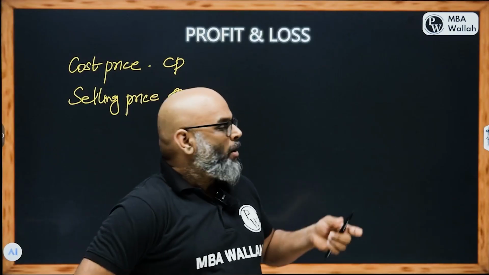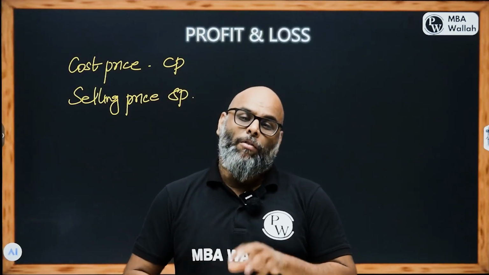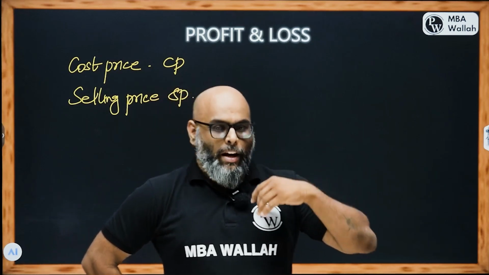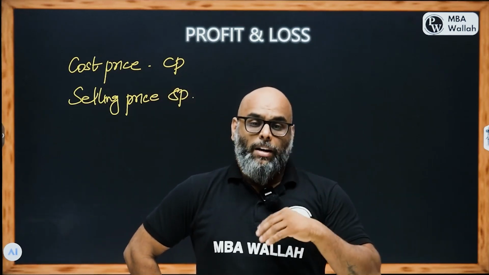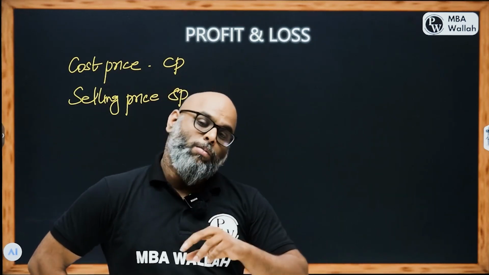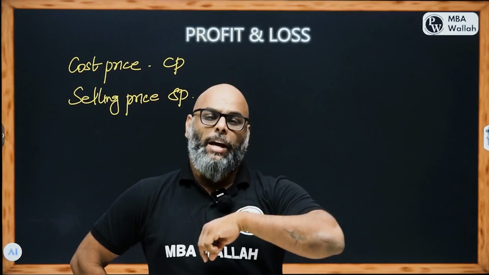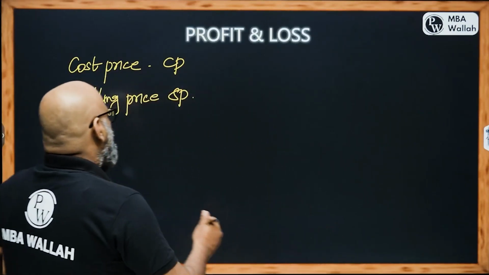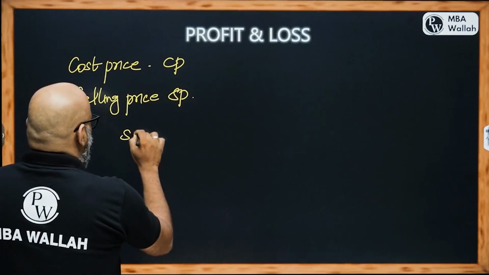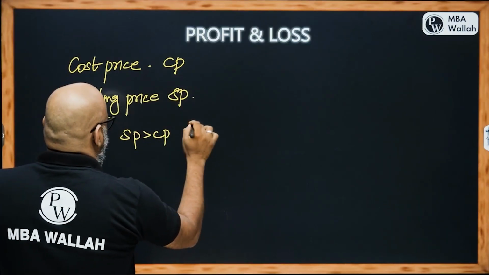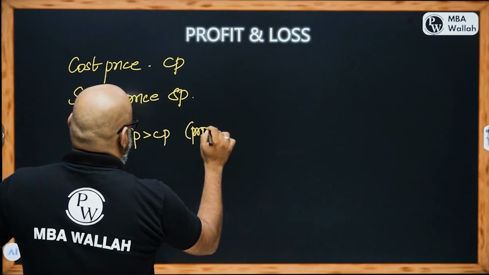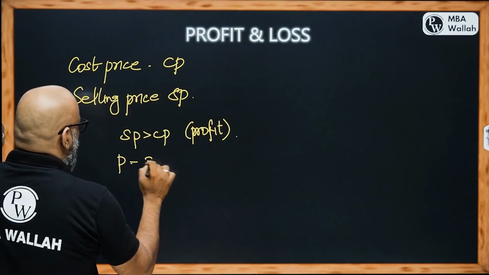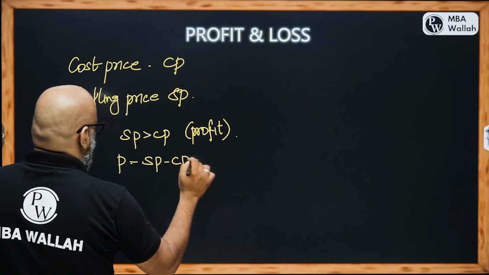Now what is profit and what is loss? How do we determine profit and loss? Now we say that what I invest to what I get back, if what I get back is more than what I invest, if my selling price is greater than cost price, you call it a profit. So SP greater than CP, you call it profit, and profit is determined by SP minus CP.